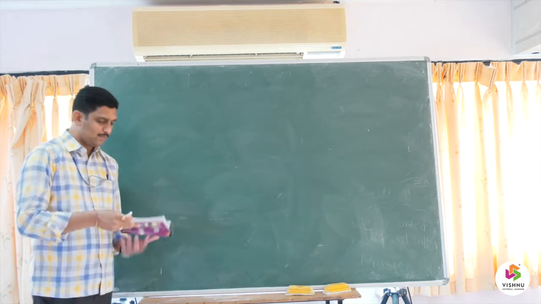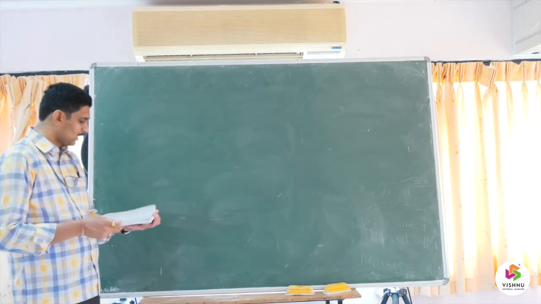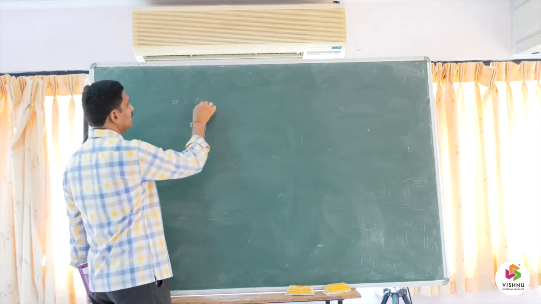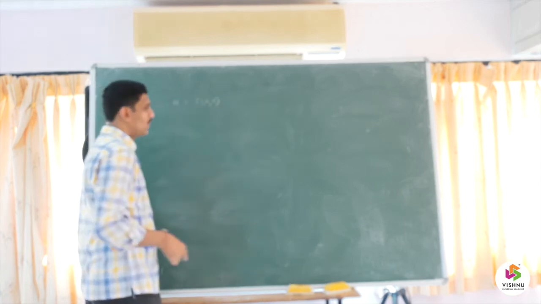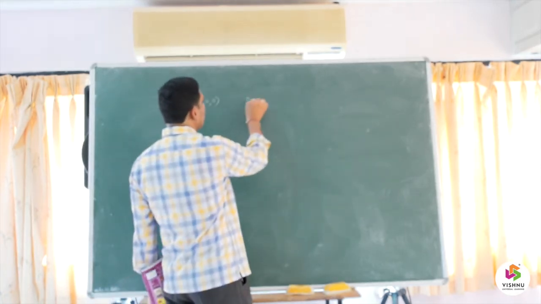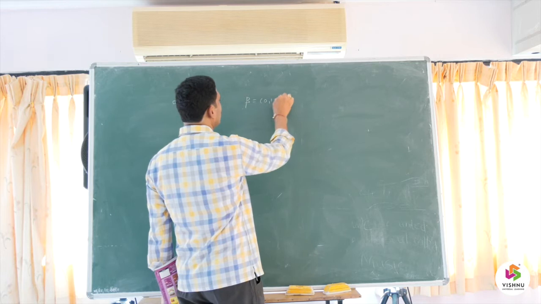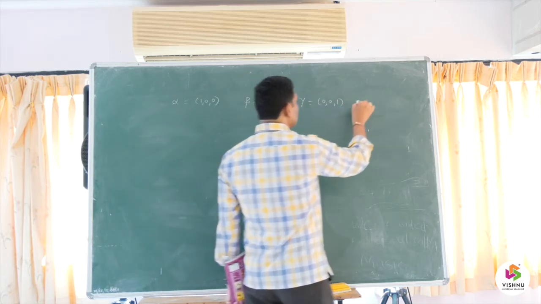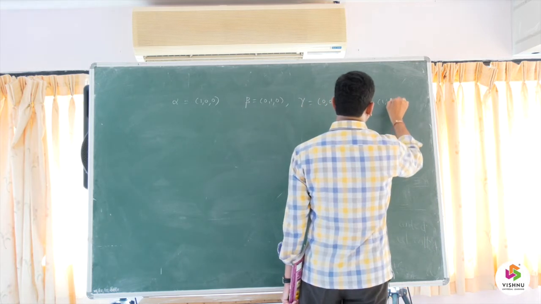So this is my next problem. Now I have taken 4 vectors: alpha equal to (1, 0, 0), beta equal to (0, 1, 0), gamma equal to (0, 0, 1), and delta equal to (1, 1, 1).